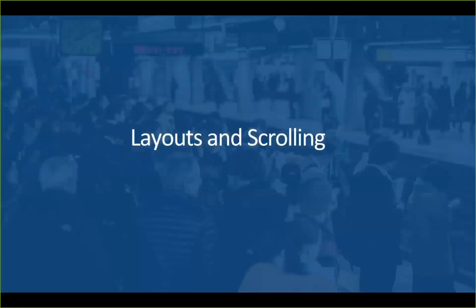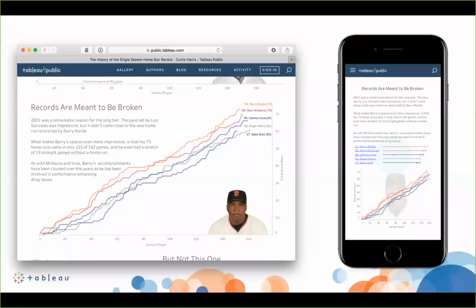And subsequently, when you get into layouts and scrolling, again, scrolling on a phone is pretty much a given. It's assumed. Scrolling within a desktop or web dashboard is not ideal unless we're trying to tell that story, but certainly you want to take that into account.